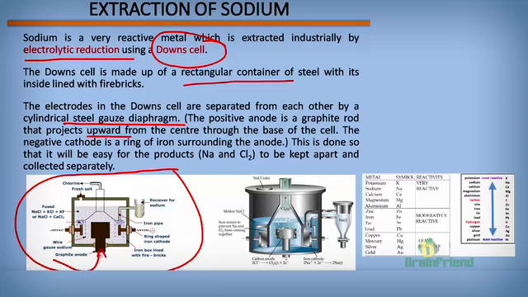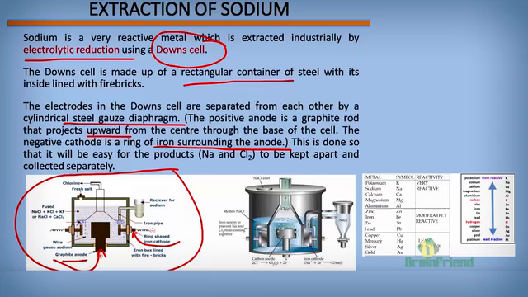And this is the anode of this electrolytic cell, all right? So this anode is a graphite rod that projects upward from the center of the cell. Now the negative electrode, which is the cathode, okay, is a ring of iron surrounding the anode. So we have here the cathode and we have here the anode.